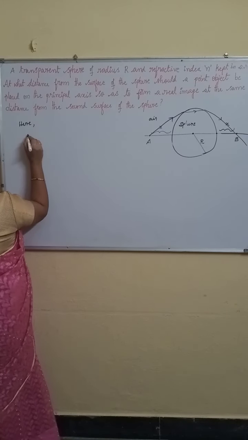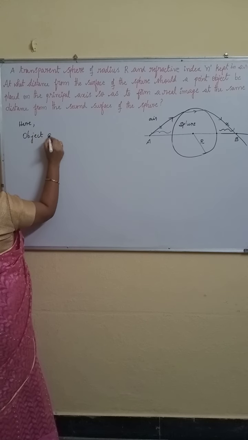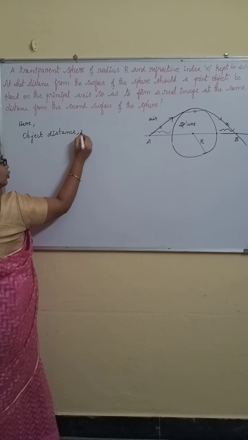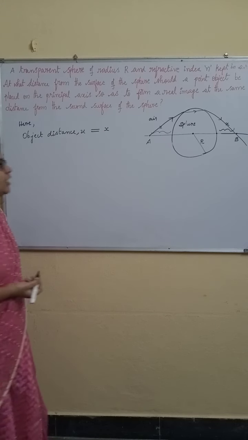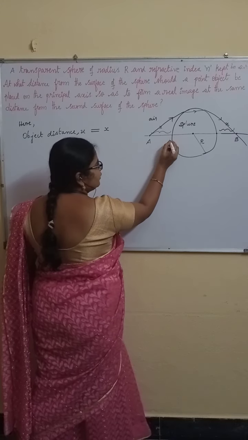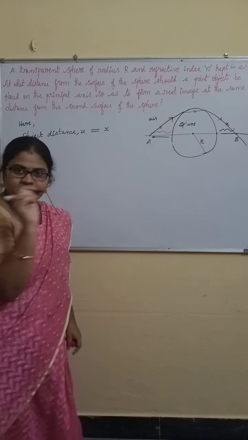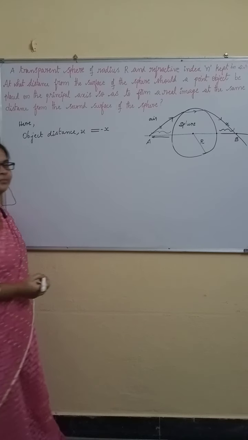So here, object distance, U value, let it be x. From the curved surface you are measuring in this direction, which is opposite to the direction of the incident ray, so U value is minus x.